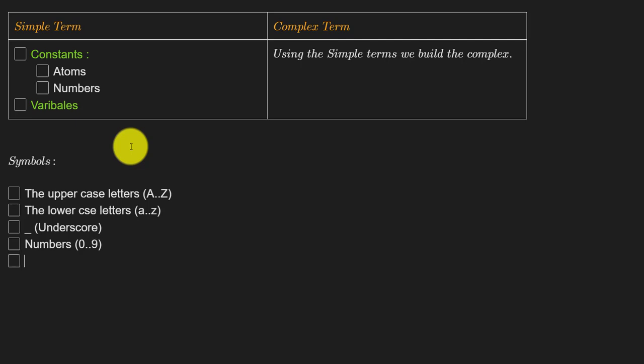Apart from that, there are some special symbols like plus, minus, the multiplication operator or division operator, equals to, less than, greater than sign, then colon, then dot, ampersand, and then the tilde operator.